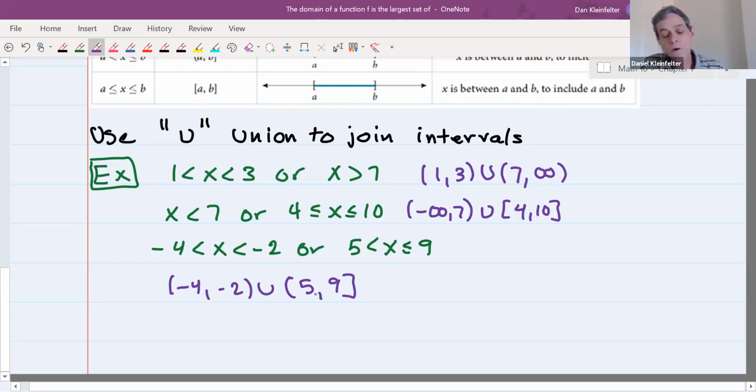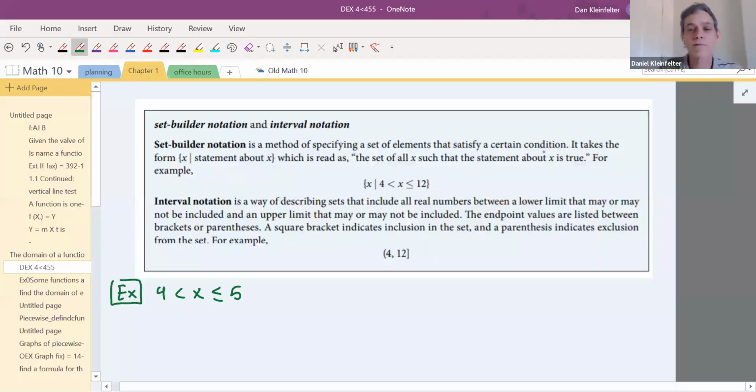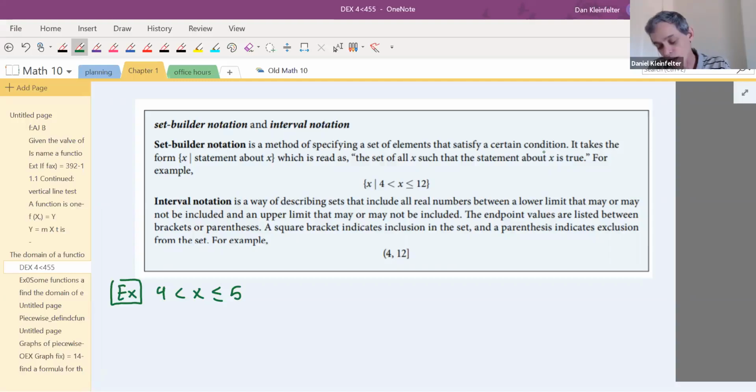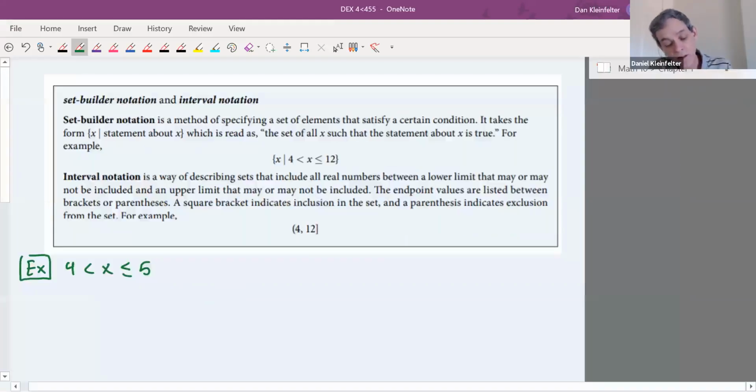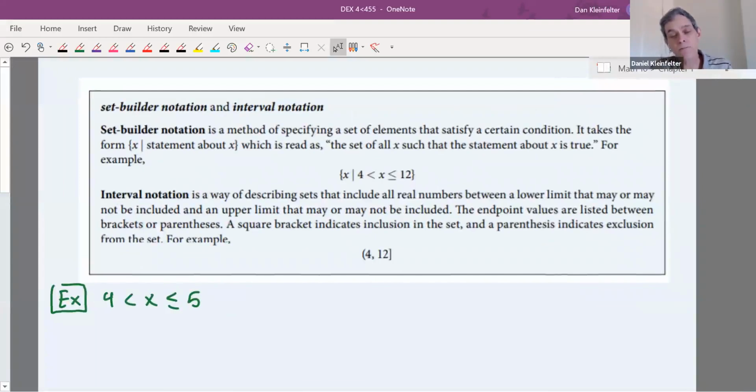Okay. The order that the numbers are in matters when you put interval notation, and additionally, whether using the square bracket or round parenthesis makes a difference. So the interval notation is one way of specifying the elements of a set. Another way of specifying the elements of a set that is, in a way, a little more general is the use of what's called set builder notation.